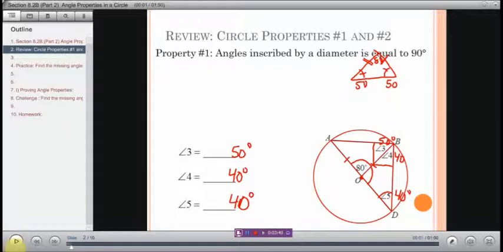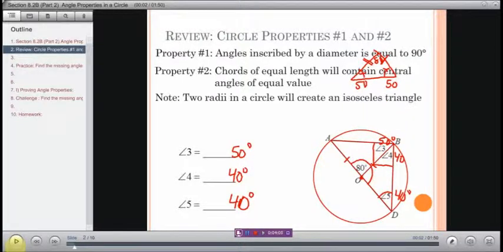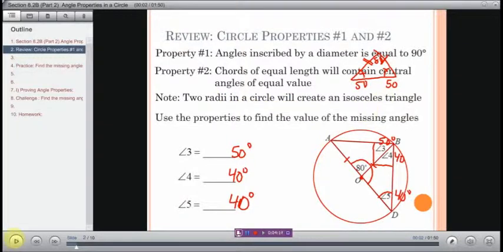So again, using the angle inscribed in a diameter is equal to 90 degrees. That helped us get this part here. And then the other property from before is that chords of equal lengths will contain central angles of equal value. We didn't really use that one in this case. And again, the thing I mentioned to you that two radiuses or radii in a circle will create an isosceles triangle. And so there you go.